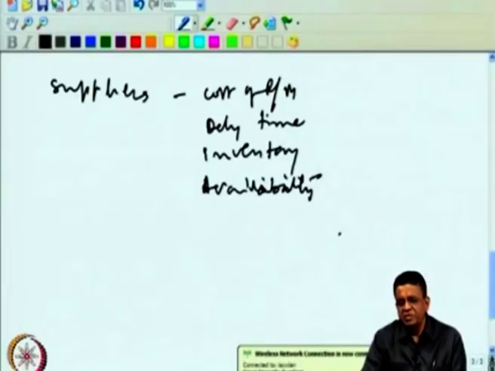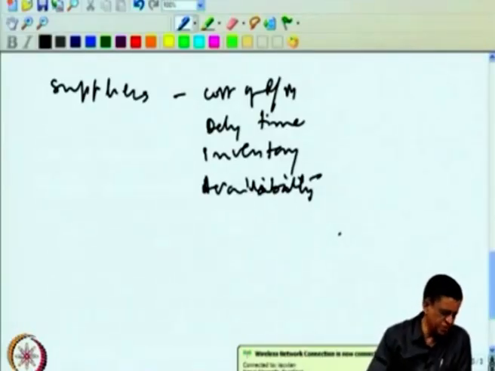You keep the stock of raw materials for 1 week minimum in your stores. So, 1 clear week I want to supply the raw material to you. All these are some of the conditions which many of the suppliers also put to the companies concerned.